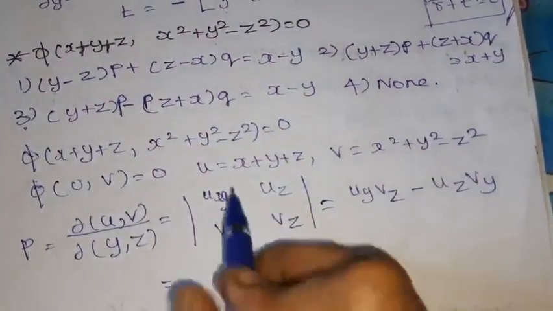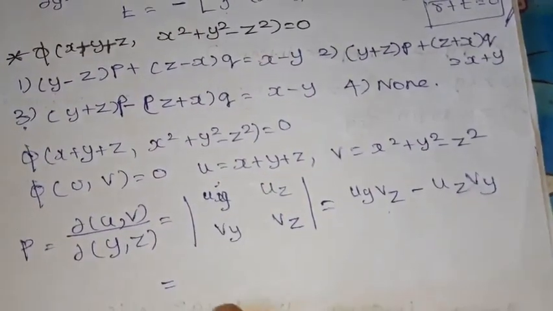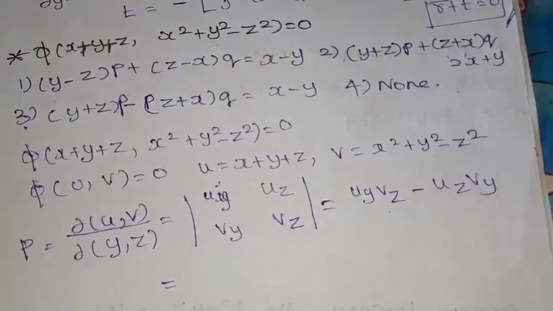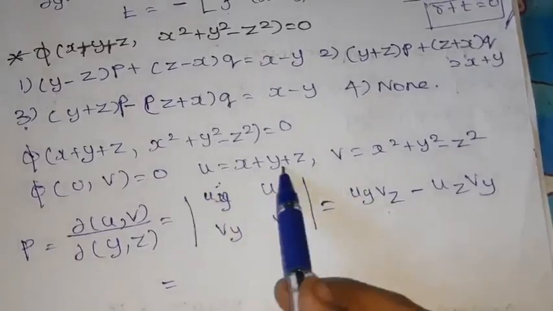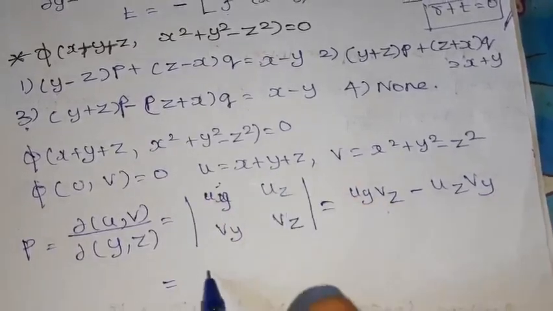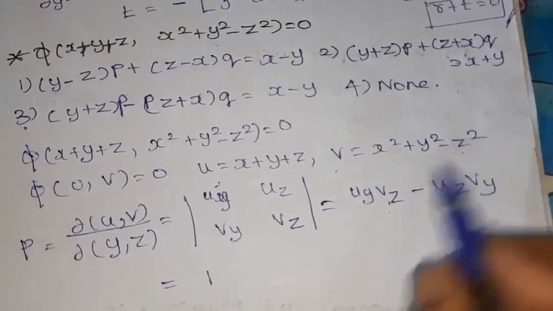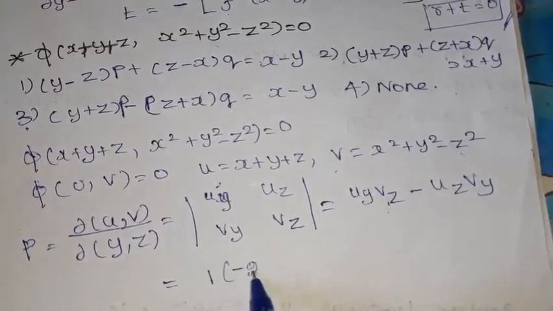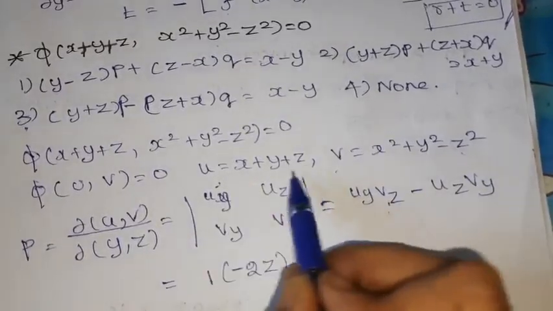So we need to find out the uy value and vz. From this, what is uy? Uy is nothing but 1. Vz is minus 2z. What is uz?